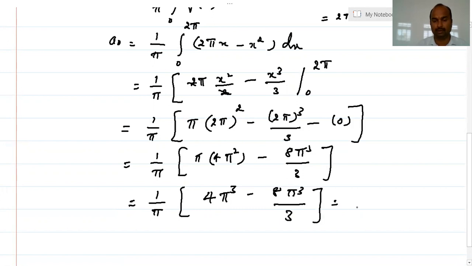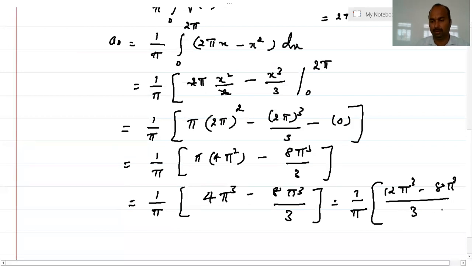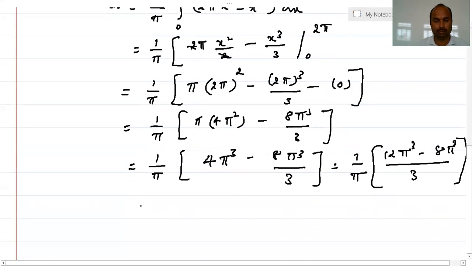So take 3 as the LCM, so it will be 1 by pi into 3 into 4, that is 12 pi cube minus 8 pi cube divided by 3. That is 12 pi cube minus 8 pi cube will be 4 pi cube, 1 by pi into 4 pi cube by 3.